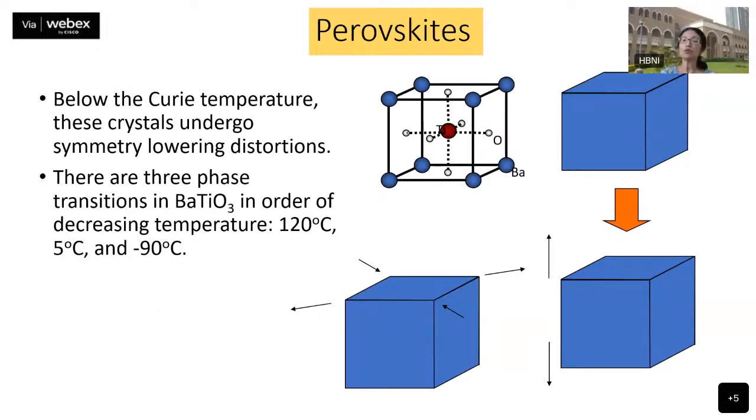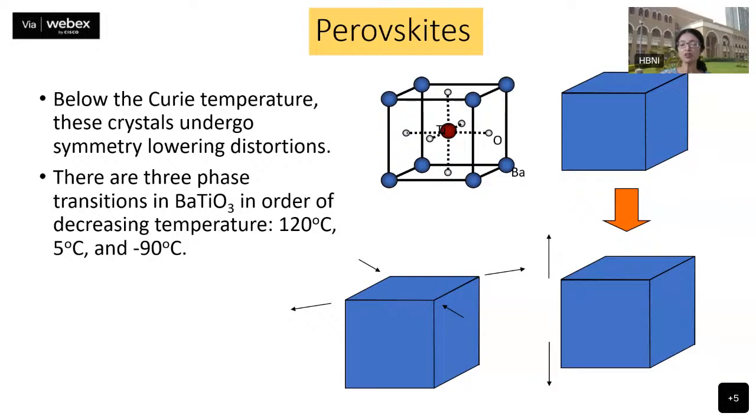Now, below the Curie temperature, because I said it's a ferroelectric material, there will be one temperature above which it will lose that ferroelectric quality, and that is known as the Curie temperature. Below the Curie temperature, these crystals undergo symmetry lowering distortion.